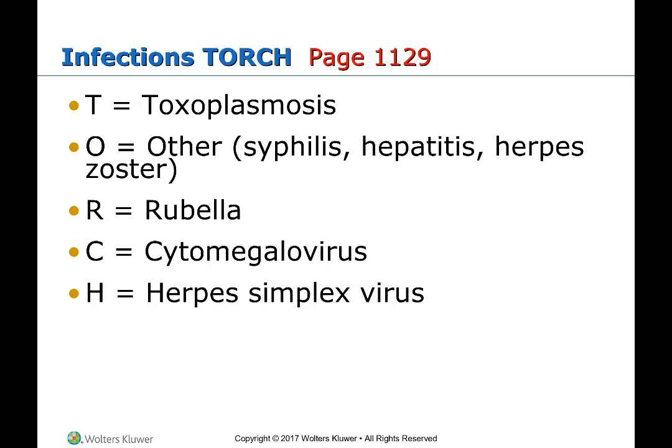We have one more on here. The H would have to be herpes, right? Herpes simplex virus. But we have other herpes viruses. This one they're talking about is herpes simplex. This is the one that we hear about all the time. People get cold sores, they go out in the sun and get them. We usually think of having these cold sores around the lips, mucous membranes.